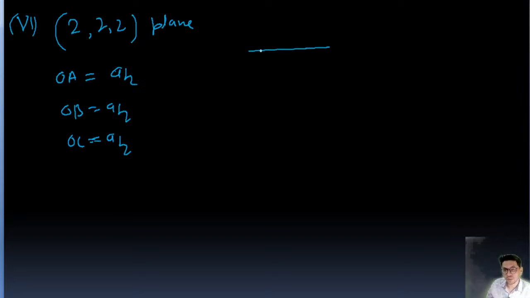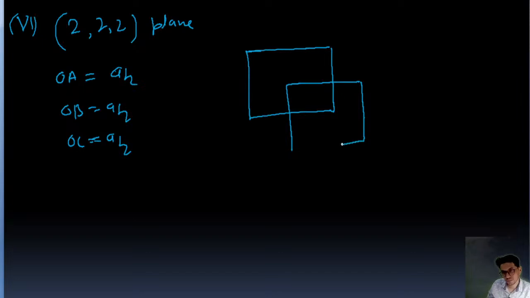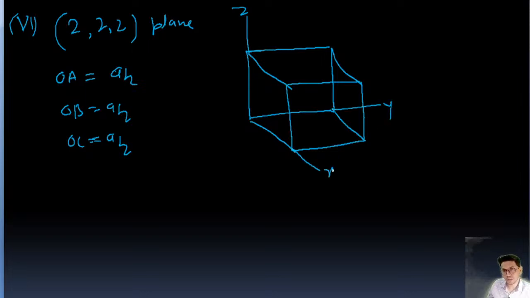So we'll take this formula. This is the z-axis, this is the y-axis, and this is the x-axis. Here a by 2 means cutting this at a by 2, this at a by 2, and the y-axis at a by 2.